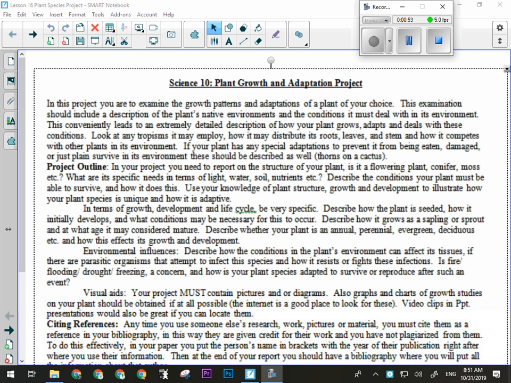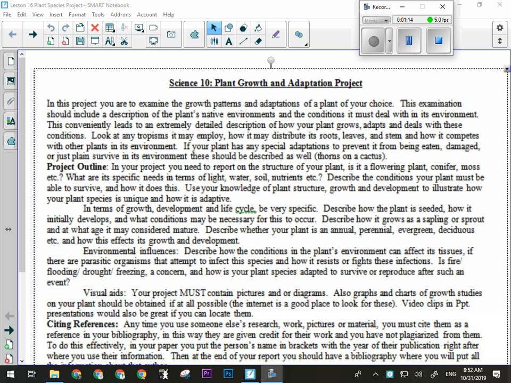All right, so maybe it's hard to eat, or it's poisonous, or smells really bad, or how does it make sure that it gets pollinated if it's a flowering plant? Okay, does it make sweet nectar that attracts birds and bees to the flowers and things like that? Those are all adaptations that a plant uses to survive in its environment.